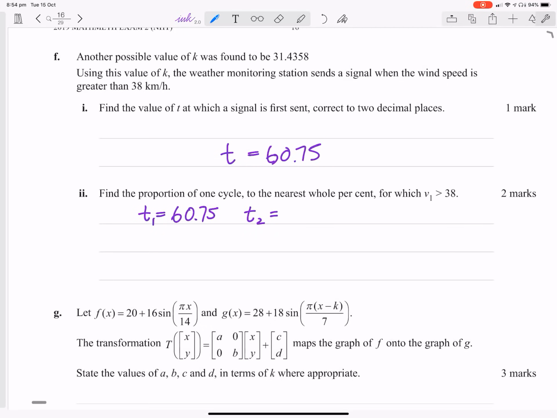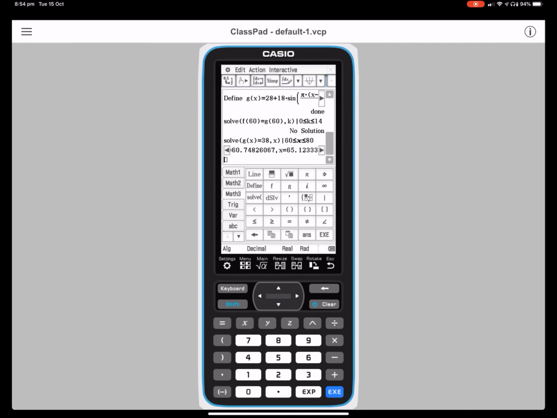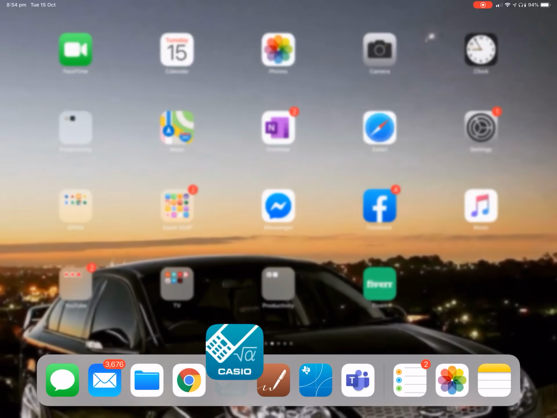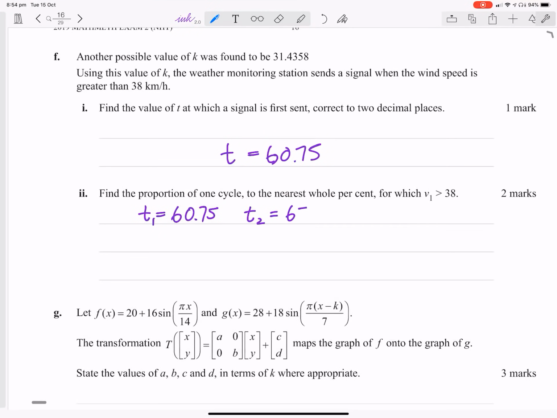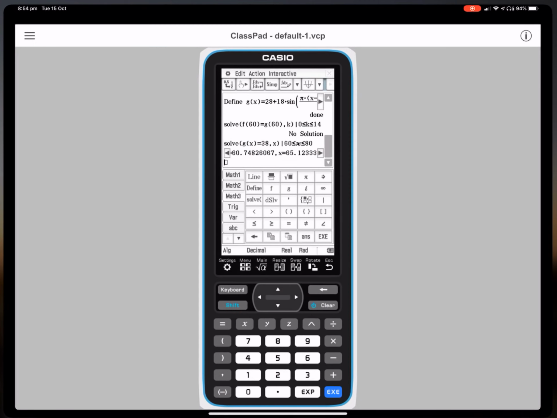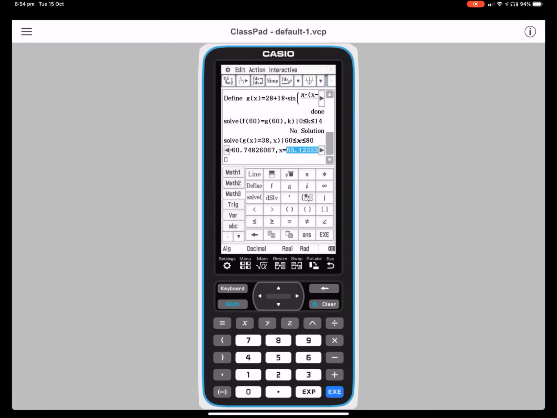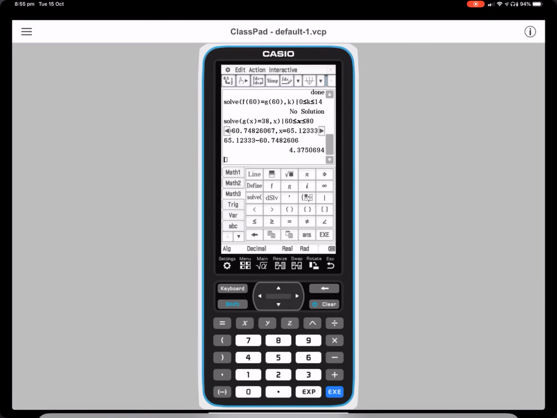We can say t2 is 65.123. t2 minus t1 is that minus that, 4.375.